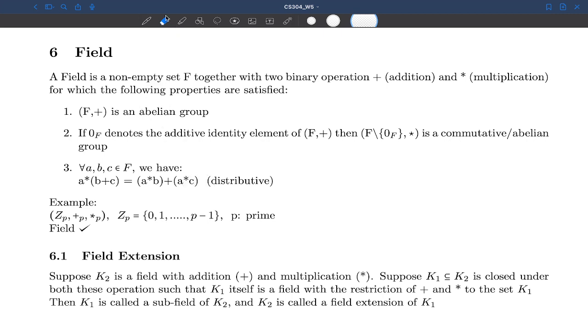Now here is an example of ZP. By now you must be familiar with ZP. ZP is a set of integers from 0 to p minus 1, and here we have taken p as a prime. Taking p as prime has some advantages, because here we are defining the addition and multiplication operations under modulo p. You know what plus subscript p and multiplication subscript p mean.